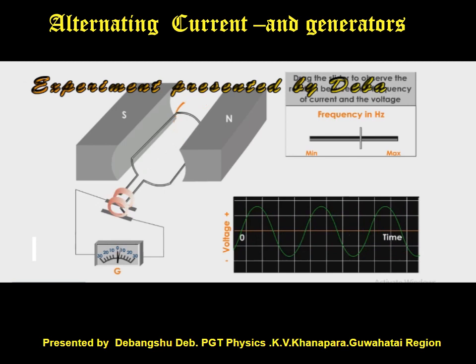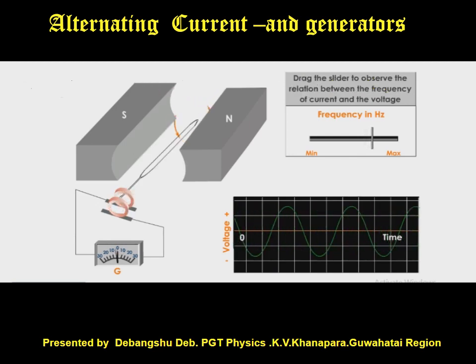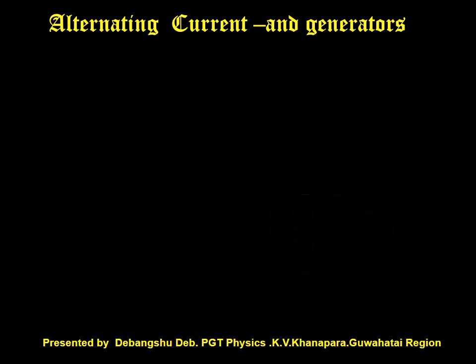You can see in the oscilloscope that the frequency has increased and the time period has decreased, and you can see in the galvanometer the positive and negative sweep has been done more rapidly.